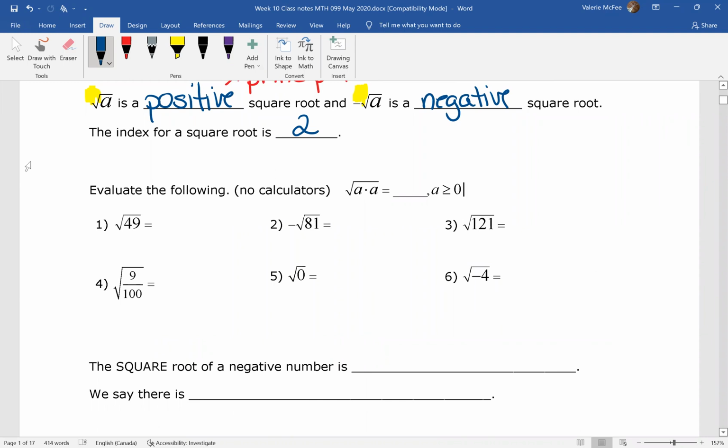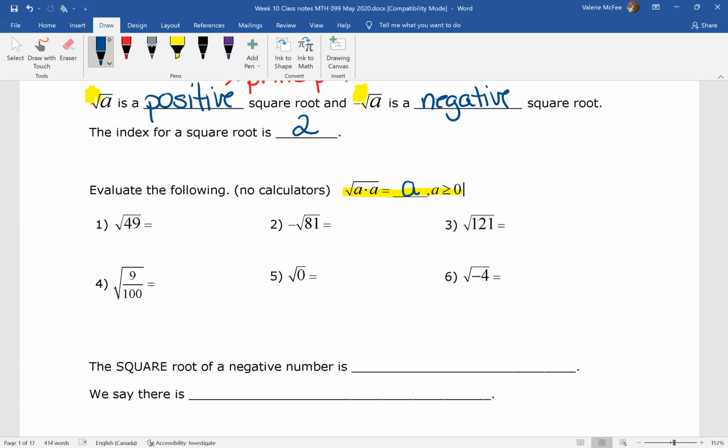Let's evaluate these, but first, let's think about this principle that the square root of a times a equals a. Think about that. The square root of a times a equals a, as long as a is greater than or equal to 0.